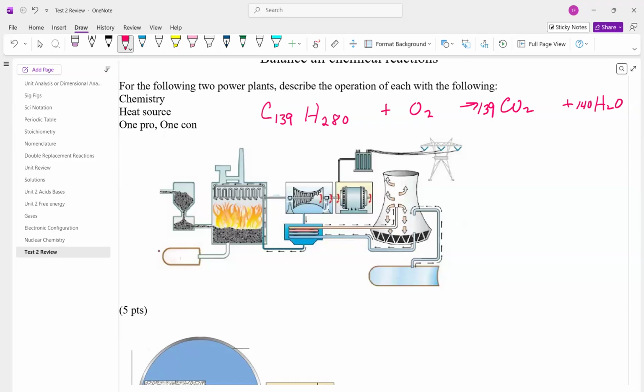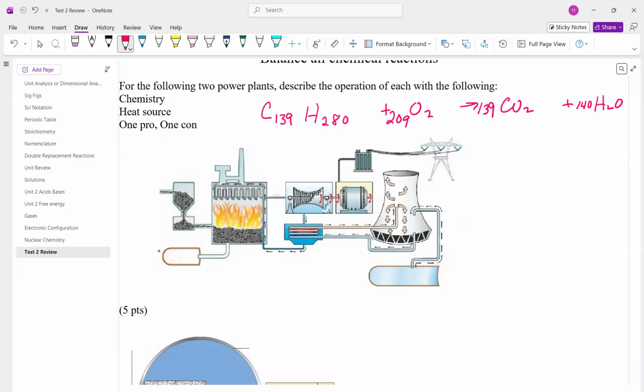And oxygens, we have, let's see, how many? Okay, so that's coal burning.